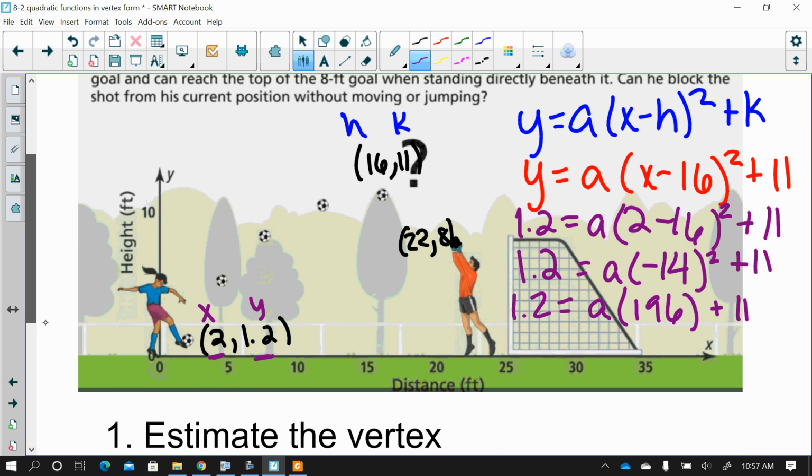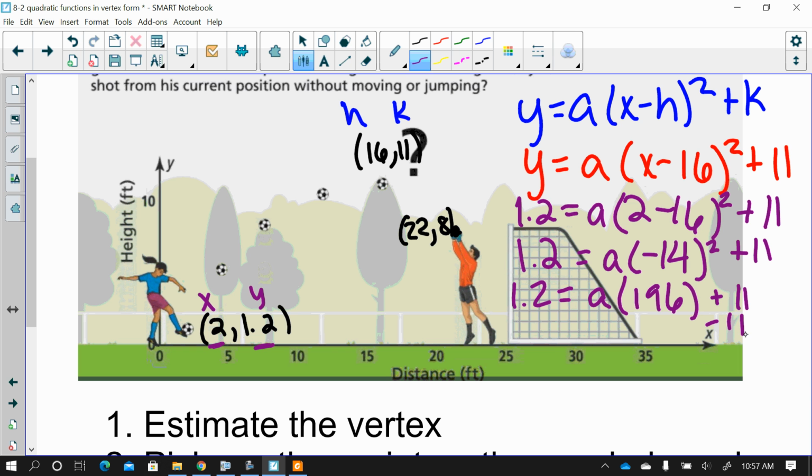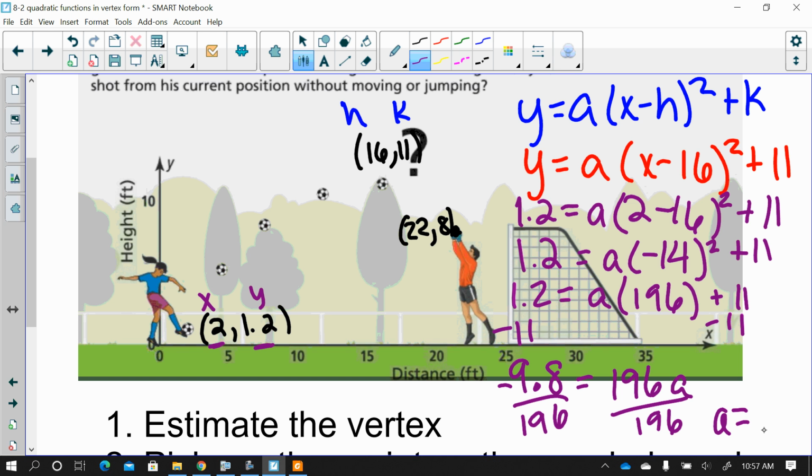Okay, how would I solve for A? Well, I'm going to subtract 11 on both sides. So 1.2 minus 11 is equal to negative 9.8 equals 196 times A. Divide by 196. A equals negative 0.05.